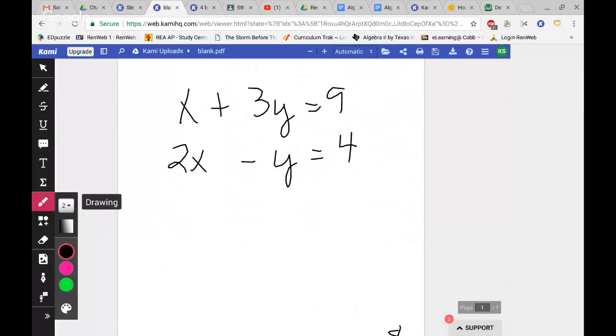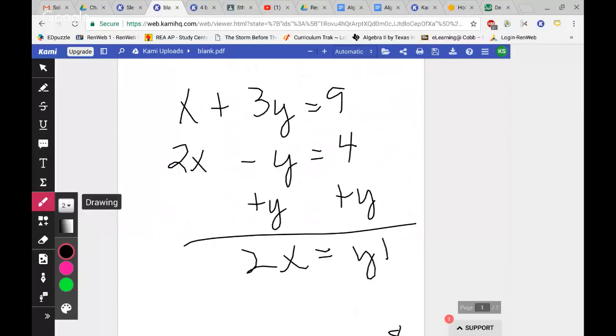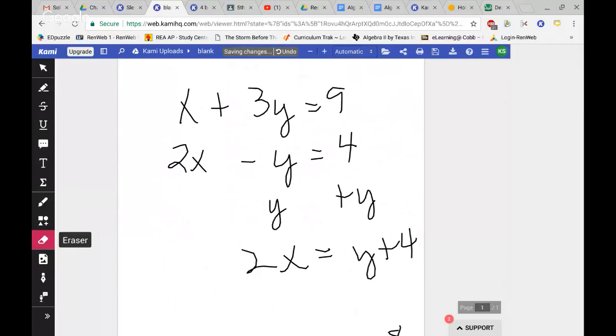Add y to the 2x. I like to subtract the 2x to get the y by itself. Oh, okay. So subtract the 2x.